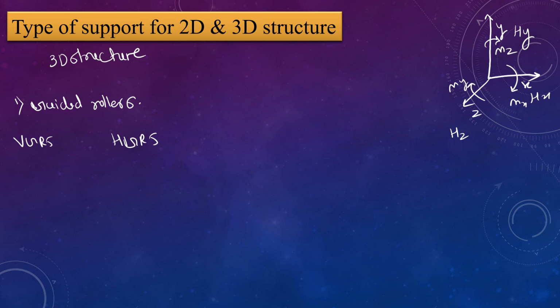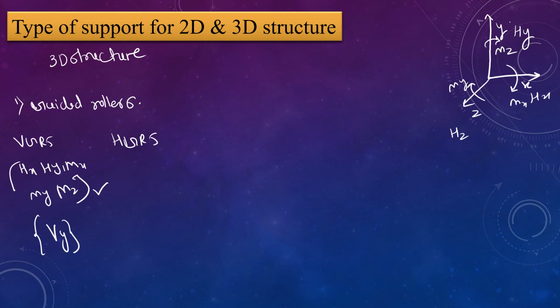The vertical guided roller support is allowed to move in the direction of Hx, Hy, Mx, My and Mz. These are the values which are not allowed, or prevented, in the case of a horizontal guided roller support, meaning values are present here. And it is allowed in the case of Vy.